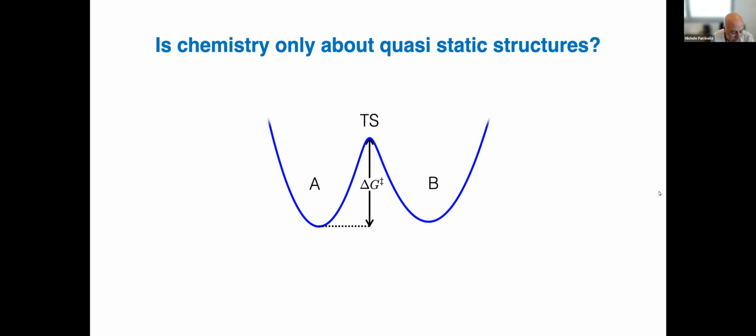So let me put it this way. It has been mentioned earlier that we developed the Car-Parrinello method, and one of the natural applications of the method is chemistry, because you have the possibility of breaking and forming bonds.